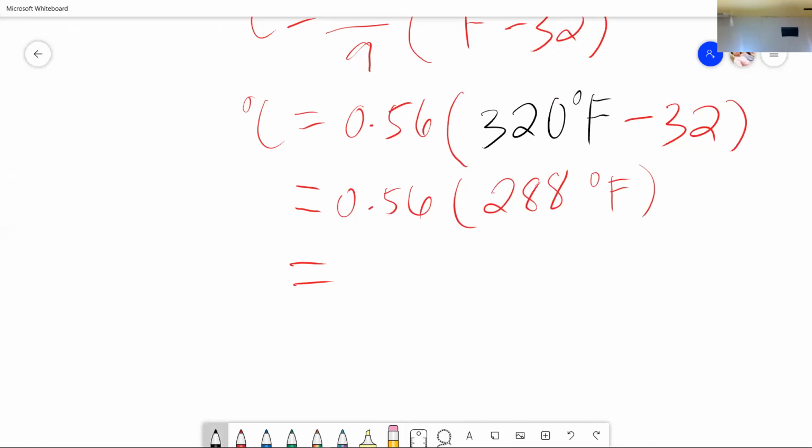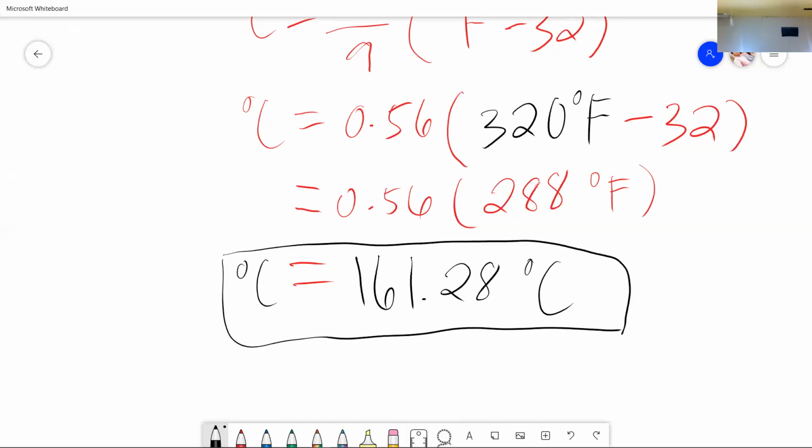Okay, so we have 161.28. The unit now is degrees Celsius. Okay, so we already solved from degree Fahrenheit to degree Celsius.